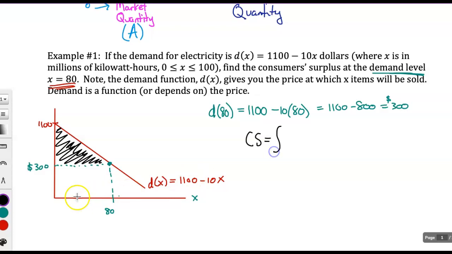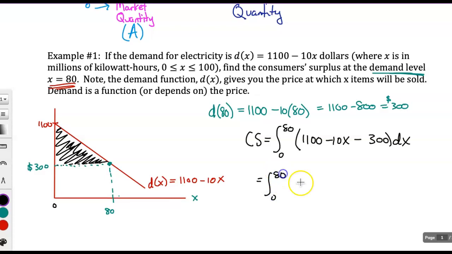So that's the integral from 0 to 80 of the upper curve, which is my demand function, minus my lower curve. Well, my lower curve is this horizontal line at y equals 300. So 300 dx. So if I clean this up, I get the integral from 0 to 80 of negative 10x plus 800 dx.